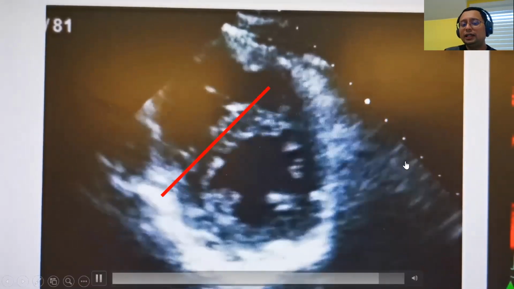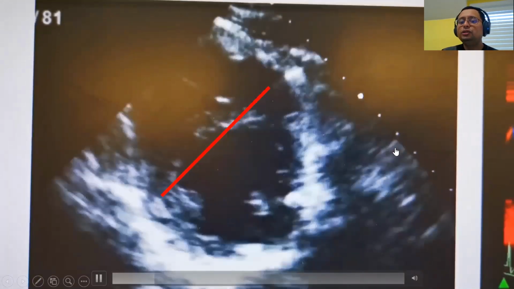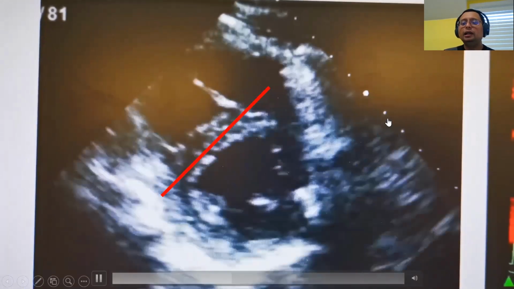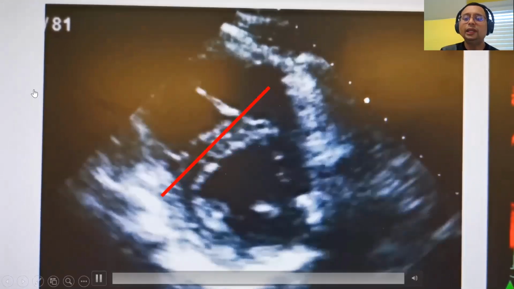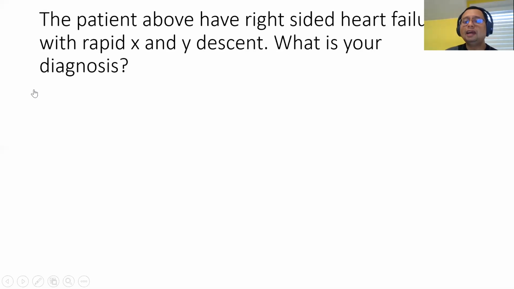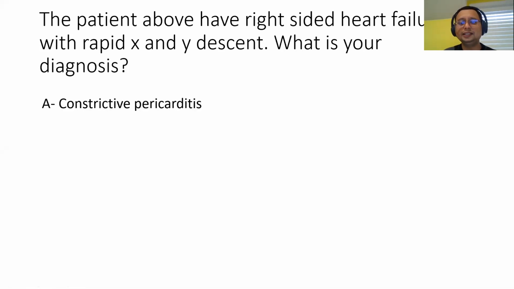So you ask yourself, can this still be constrictive pericarditis with that reduced septal E prime? Yes. This is a special situation in which this patient has left bundle branch block. Because the septum is affected, it is possible to have a reduced E prime there, even though you have constrictive pericarditis.